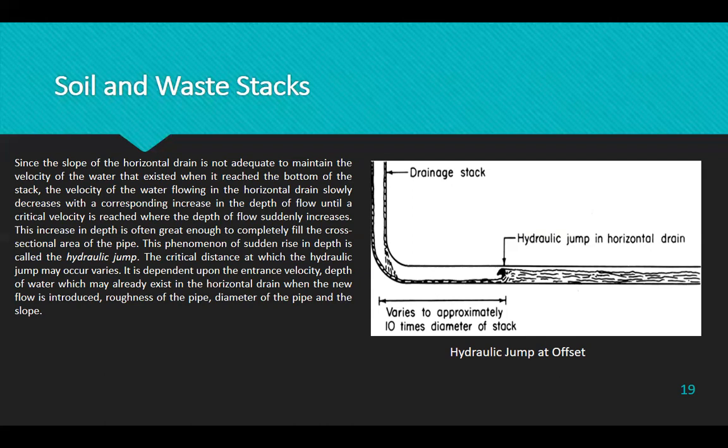The critical distance at which the hydraulic jump may occur varies. It is dependent upon the entrance velocity, depth of water which may already exist in the horizontal drain when the new flow is introduced, roughness of the pipe, diameter of the pipe, and the slope.